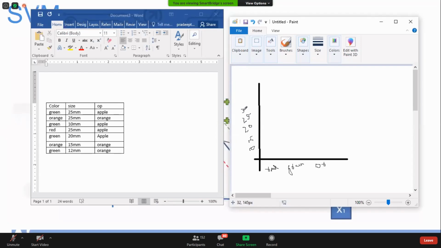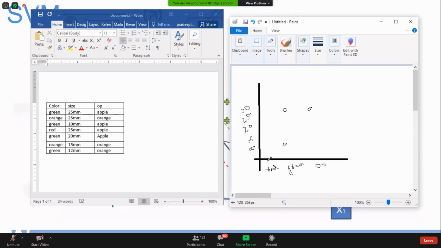All right. So first one is green and 25 millimeters. I consider it as apple. Next, orange, 25 millimeters. I consider it as orange. Next, green, 10. I consider it as apple.